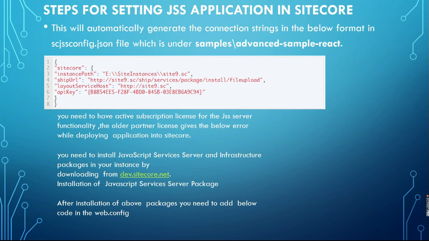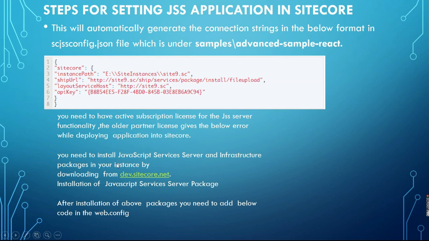The scjssconfig.json will have the API key, service host, and instance path. Once you have done this, you can view the website details as well.